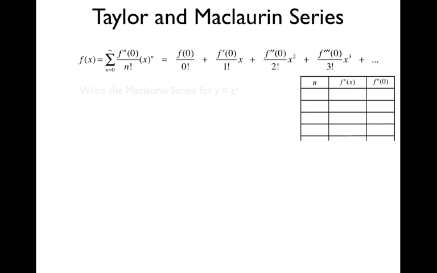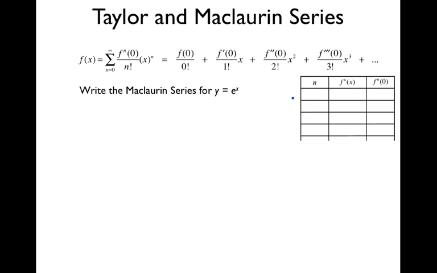Okay, so let's write the Maclaurin series for y equals e to the x. So what do we need? The key to writing these Taylor and Maclaurin series is we need these derivatives evaluated at whatever our center point is. If it's a Maclaurin series, the center is 0.